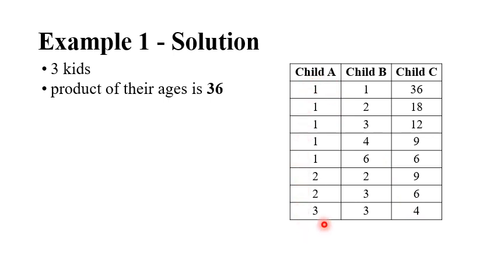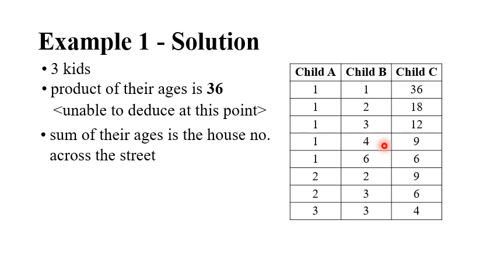Out of the 8 combinations, we are not able to determine which is the correct combination based on the product of 36. Therefore, I'm not able to deduce the ages at this point of time. More information is needed. Next, Daisy said the sum of the ages is the house number across the street.